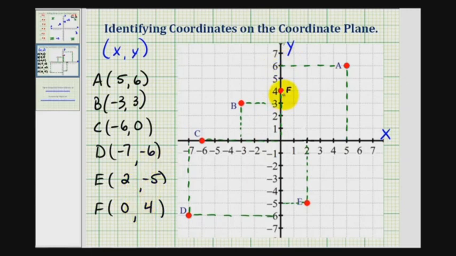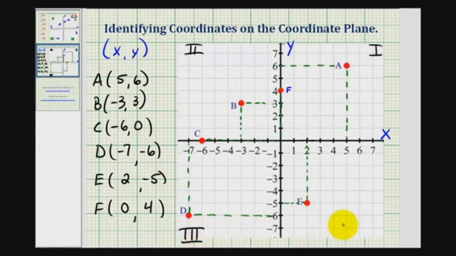Now, like I was saying, whenever you have a point on the x-axis, that means the y coordinate is 0. And when you have points on the y-axis, it tells you that the x is 0.